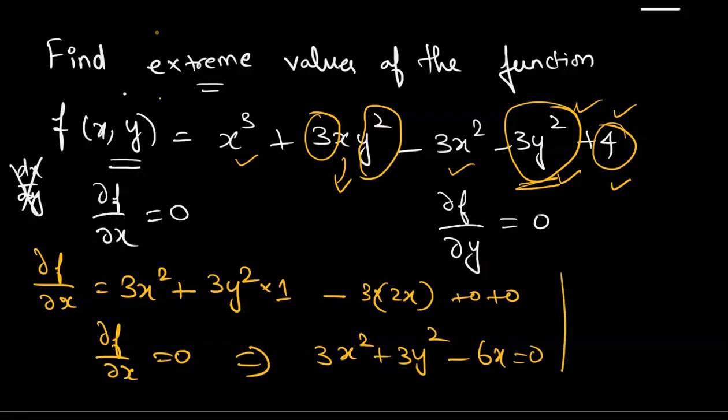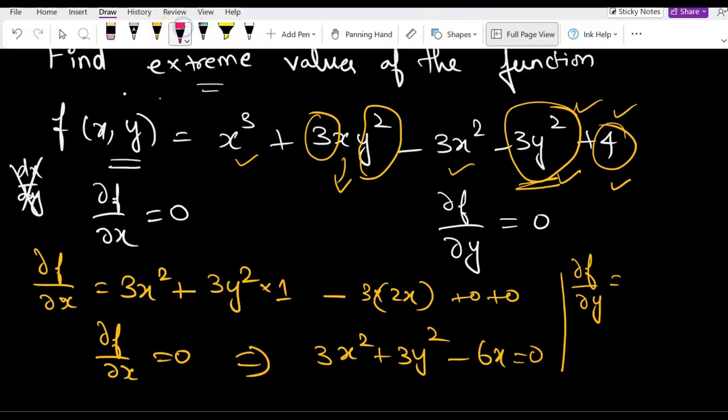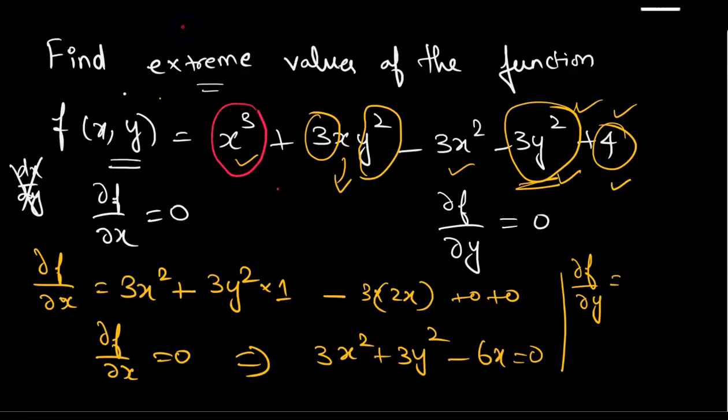Now I'm going to find del f by del y. I'm going to partially differentiate with respect to y. Now whatever I'm circling in red is a constant. So x cube, if I differentiate, I'll get 0. So I'll write 0 plus. Now this x is going to be a constant because this time I'm differentiating with respect to y. So 3 is also a constant.